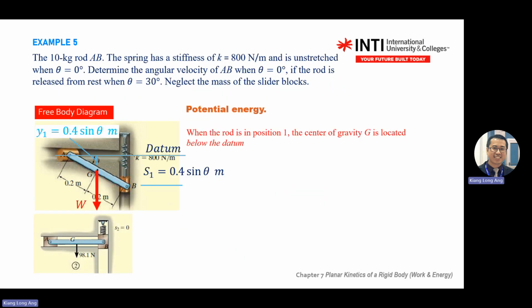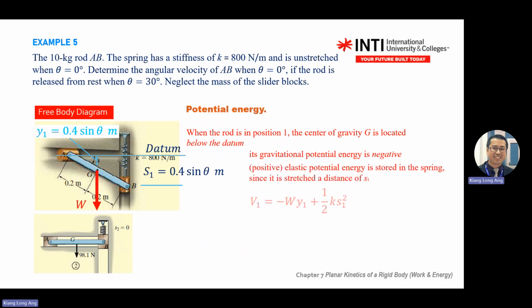Okay. Then you use potential energy. You find the potential energy first. So at position 1, center of gravity located below datum. So your gravity actually is a negative energy, right? So before release, you have negative mgh because the weight is below datum.